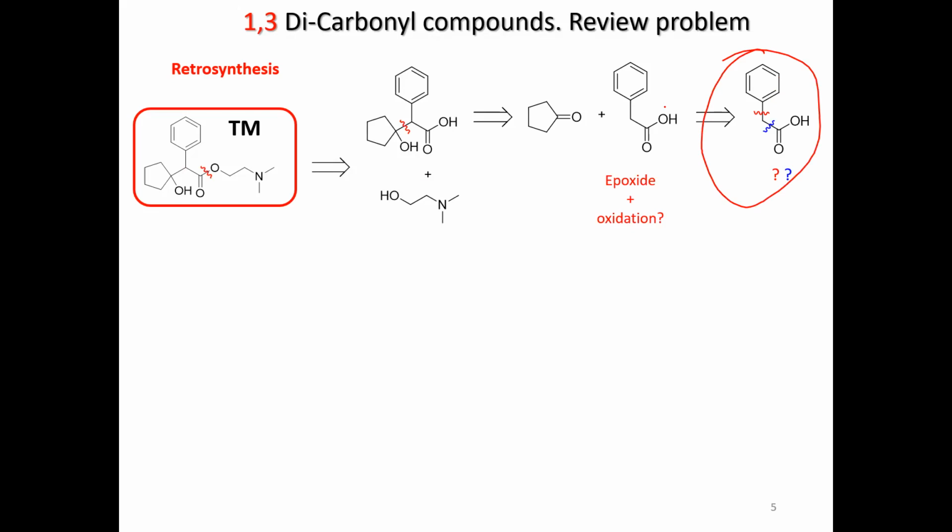Normally, a good disconnection to go for, ideally cheap and available starting material, should go for no more than 6 carbons and no more than 1 functional group. So 2 functional groups are already, of course, there's plenty in catalogs of bifunctional or 3 functional groups, but they might be more expensive.